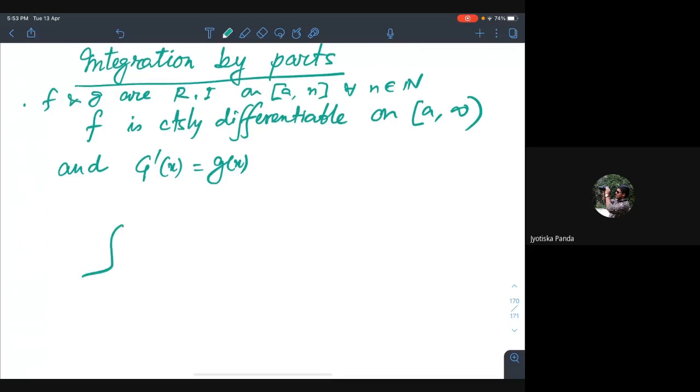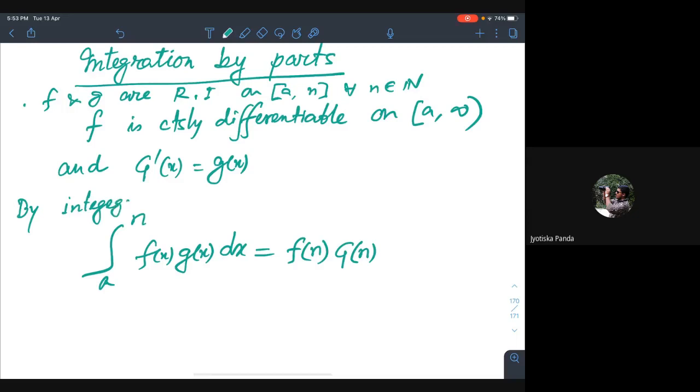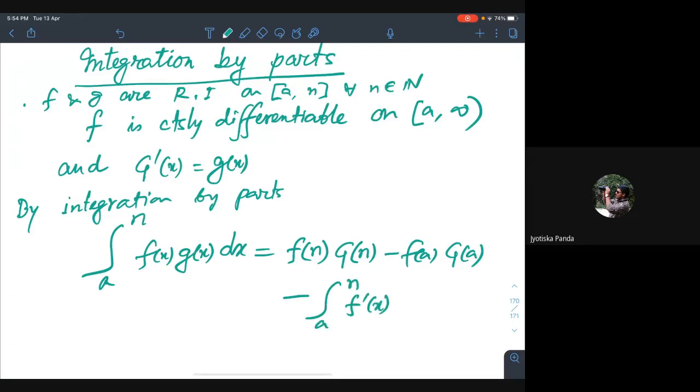So now if you look at the integral from a to n of f(x)g(x) dx, then by integration by parts you can get f(n)G(n) minus f(a)G(a) minus the integral from a to n of f'(x)G(x) dx.